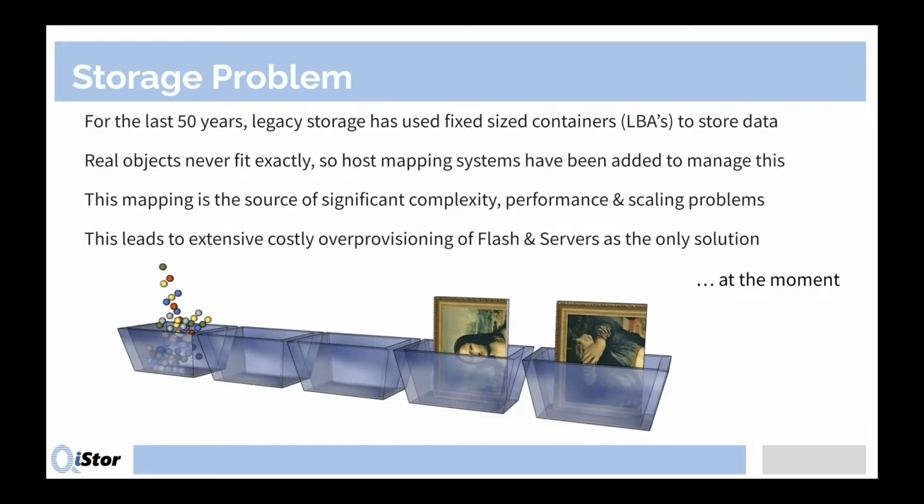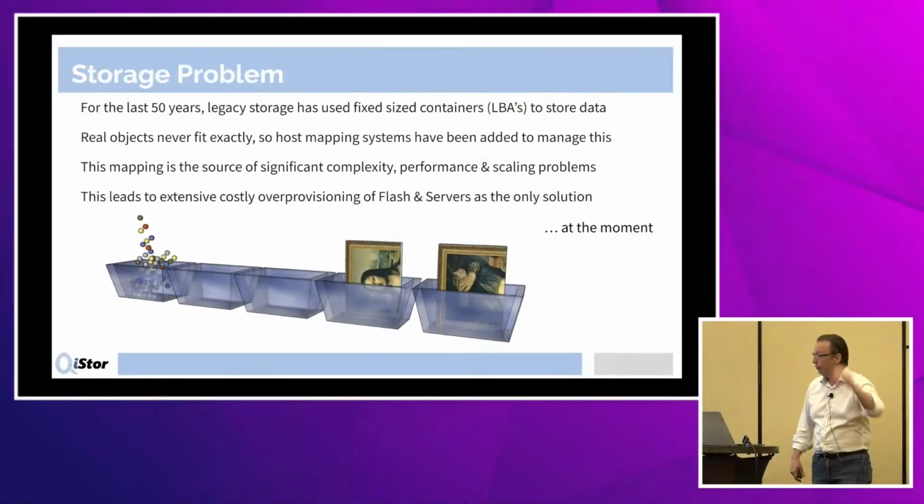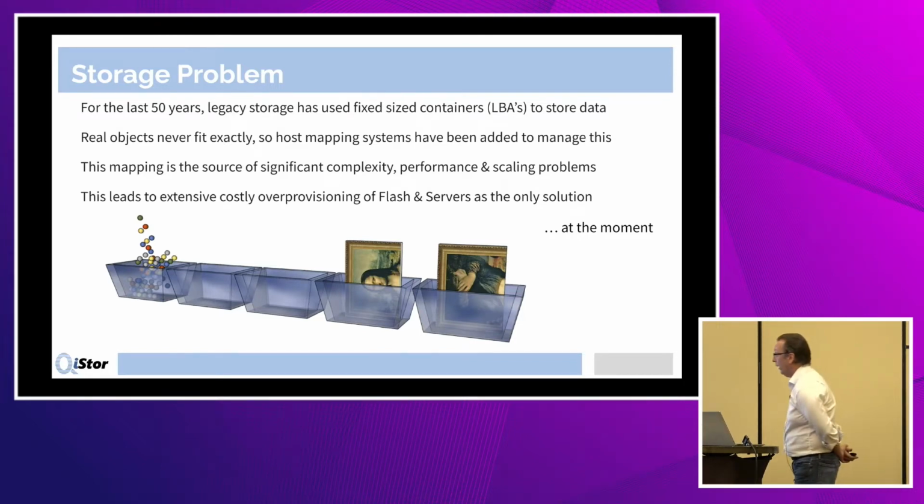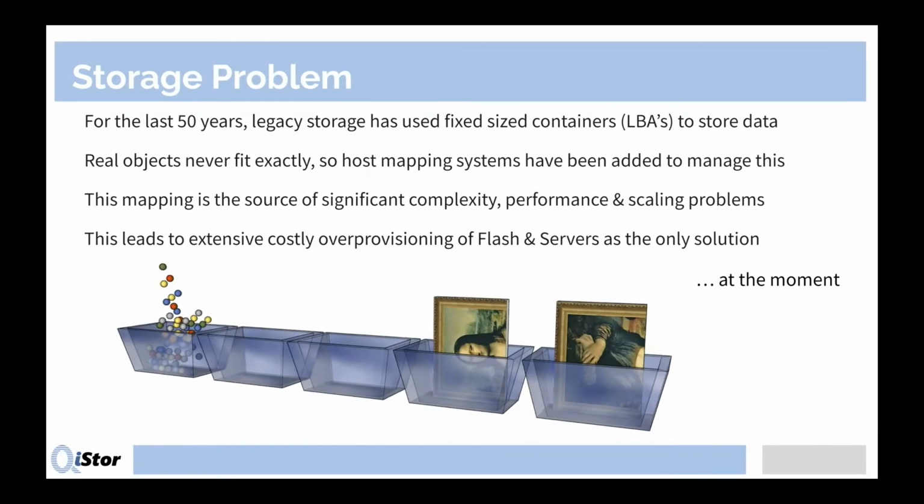So I think everyone here is familiar with this problem that all our legacy storage uses fixed size containers, LBAs, or in the FTL on the devices, a mapping unit of 4K. And real objects don't fit into these fixed size containers because real objects aren't a fixed size.